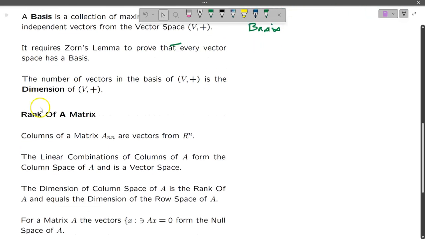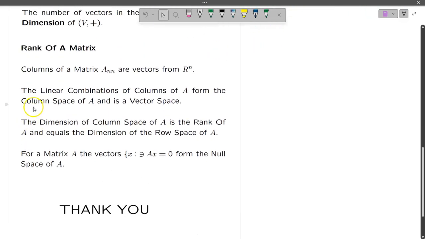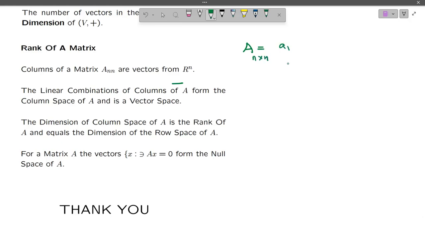Now we go to the rank of a matrix. Now if we have a matrix A, n by n, with rows A11, A12, ..., A1n; A21, A22, ..., A2n; then An1, An2, ..., Ann.